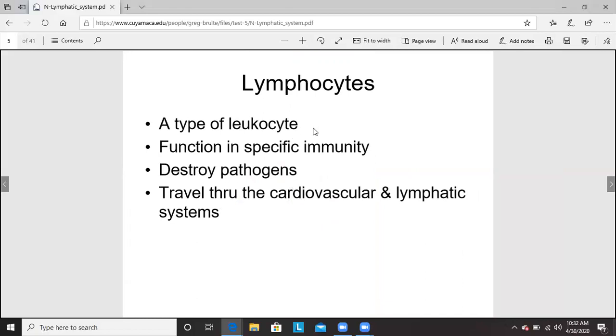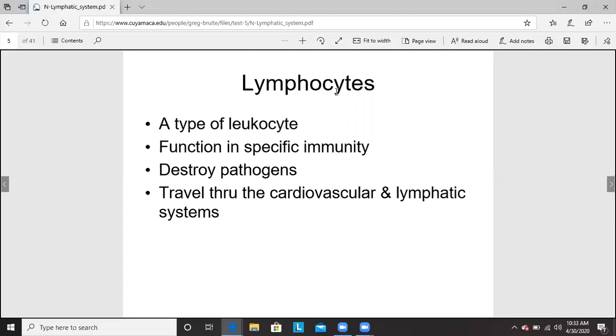So lymphocytes are a type of leukocyte. Remember, you have 5 big types of leukocytes. Remember, never let monkeys eat bananas: neutrophil, lymphocyte, monocyte, eosinophil, basophil. So this one is the lymphocyte that we're talking about.